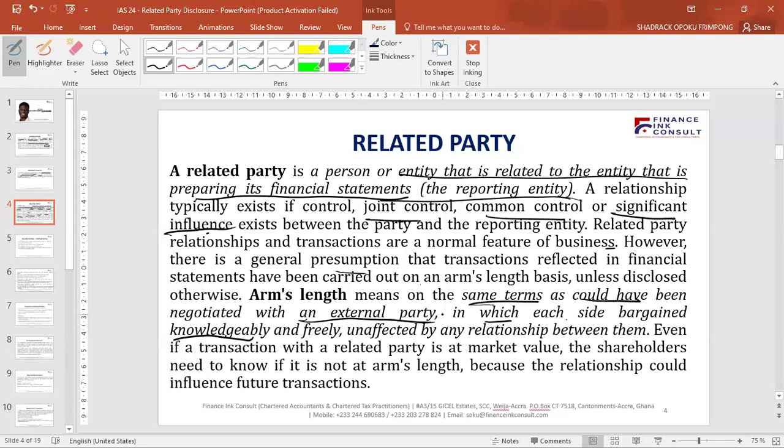So unless there is a contrary arrangement, you have to state that in your financial statement, you have to disclose it. Even if a transaction with a related party is at market value, the shareholders need to know if it is not at arm's length, because the relationship could influence future transactions.